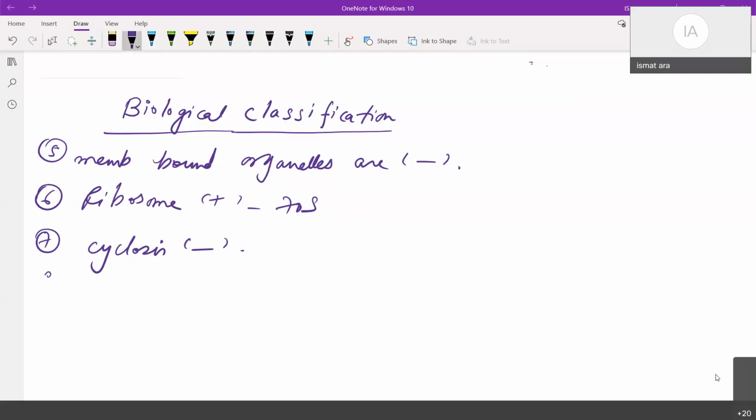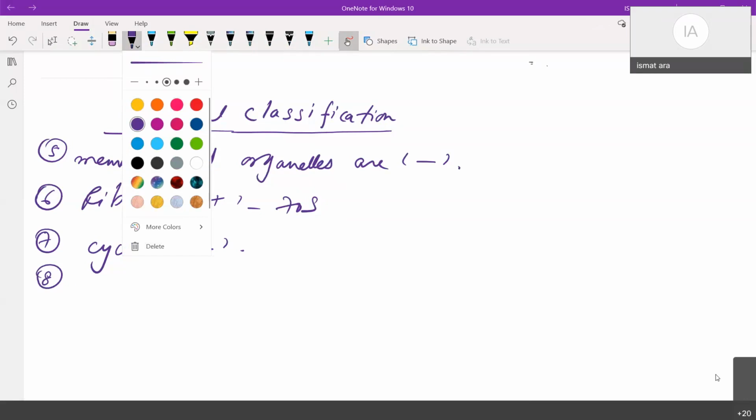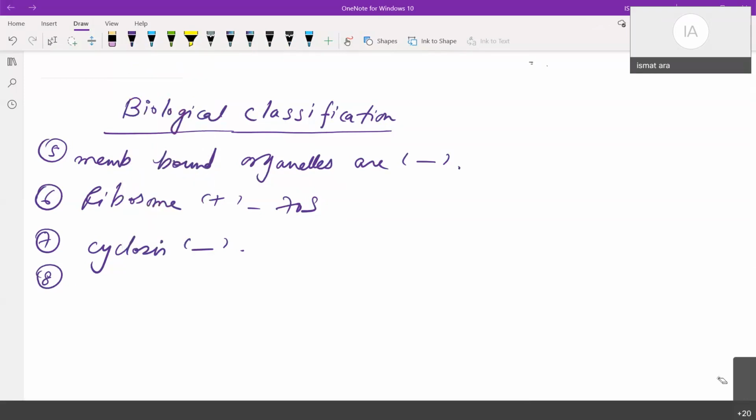What about the genetic material? Double stranded, circular, naked DNA.